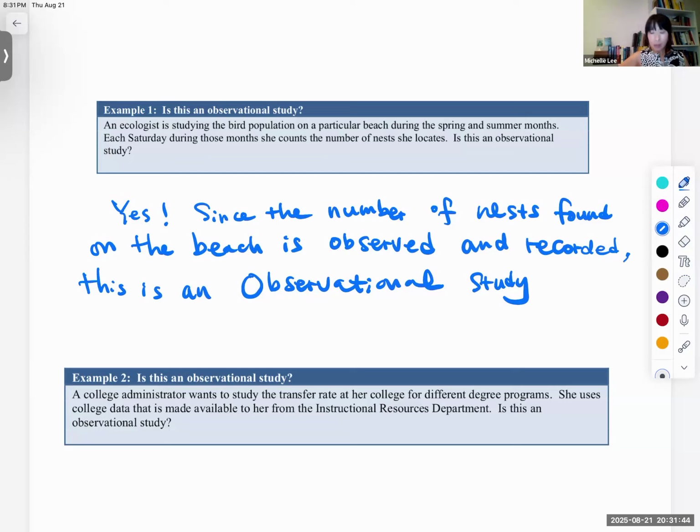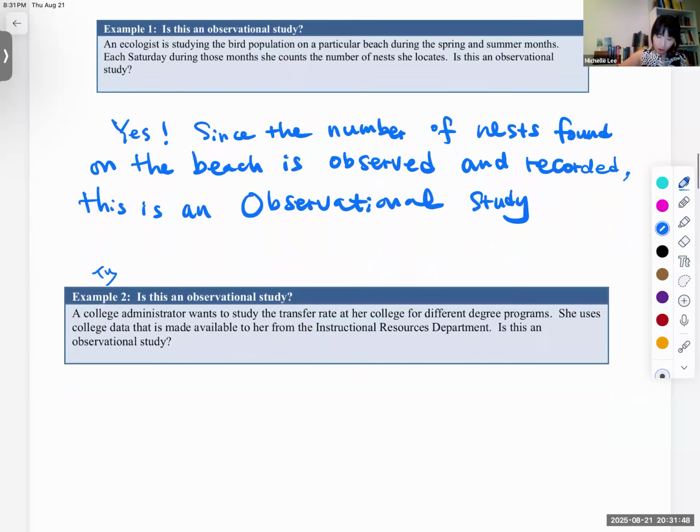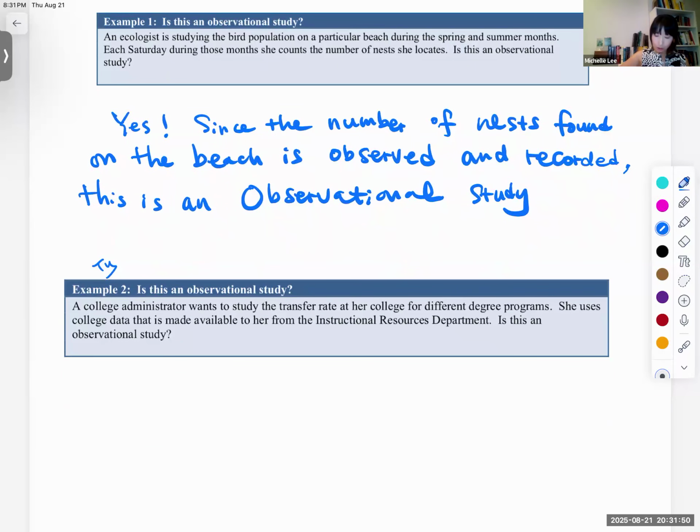Okay, would you like to try this one? A college administrator wants to study the transfer rate per college for different degree programs. She uses college data that is made available to her from the institutional resources department. Is this an observational study? What do you think? You try.